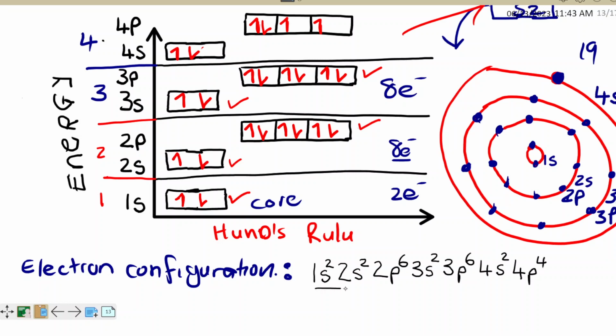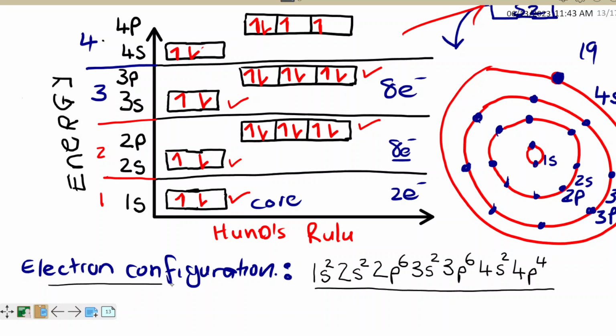So we call this now the electron configuration. It's written this way: 1s to the power 2, 2s to the power 2, 2p to the power 6, 3s to the power 2, 3p to the power 6, 4s to the power 2, 4p to the power 4. So the electrons are represented by these exponents, or power of.